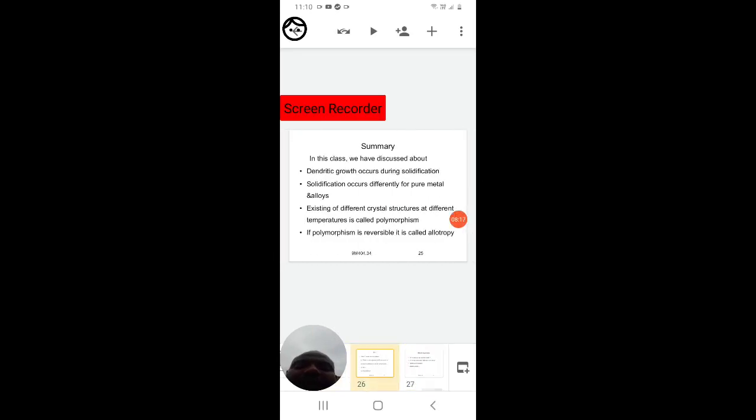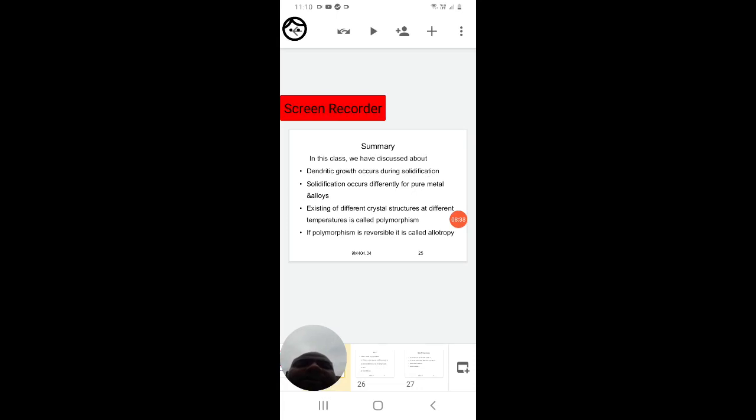In polymorphism of iron, different structures are obtained at different temperatures. First one, delta iron, which exhibits a BCC structure at high temperatures. It is not a stable form of iron. Next, the very stable form of iron is gamma iron.